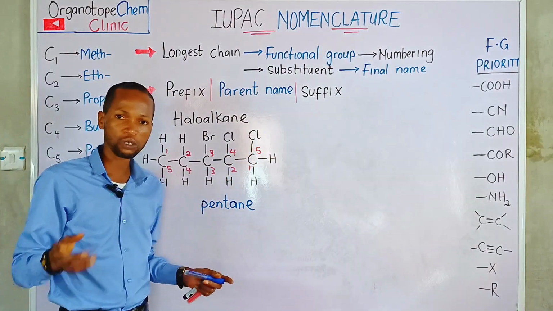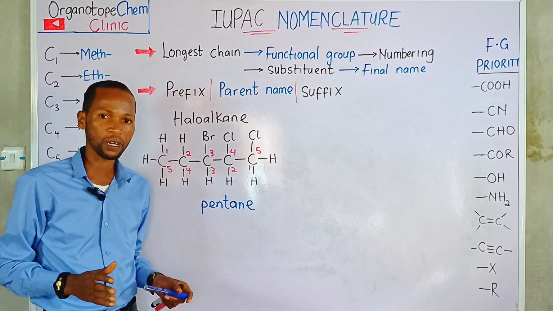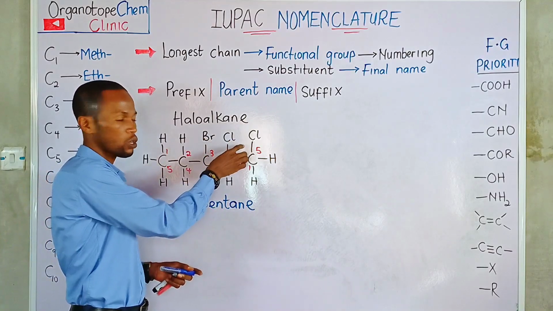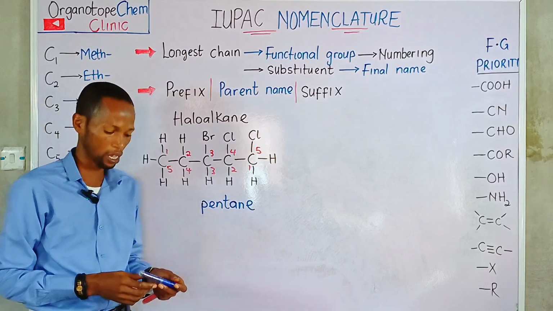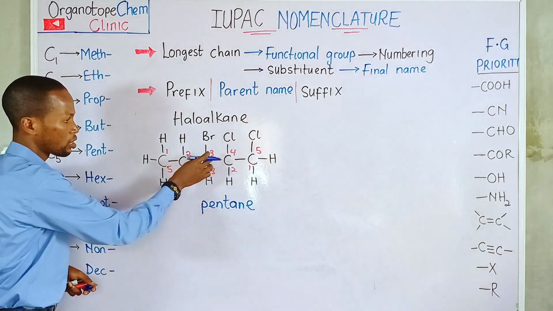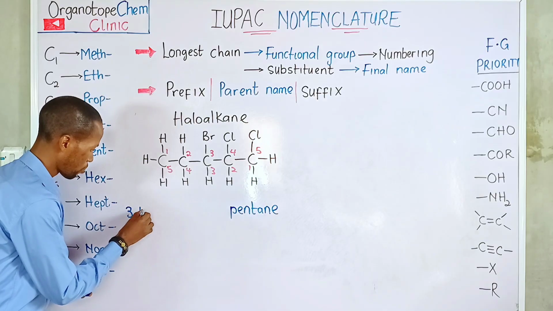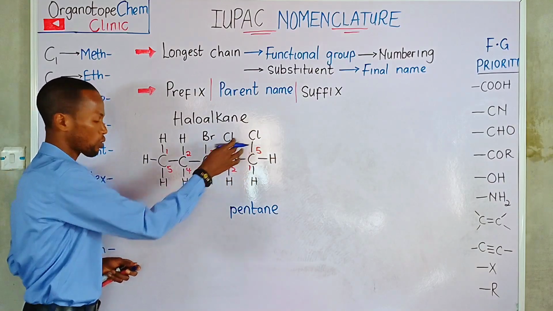Another rule to be considered is alphabetical order of arrangement. We name alphabetically. So bromo comes before chloro in alphabetical order, that is B before C. So how do we name the compound? The bromo is on carbon 3. We have 3-bromo. On carbon 1 and carbon 2, we have the chlorine atoms.